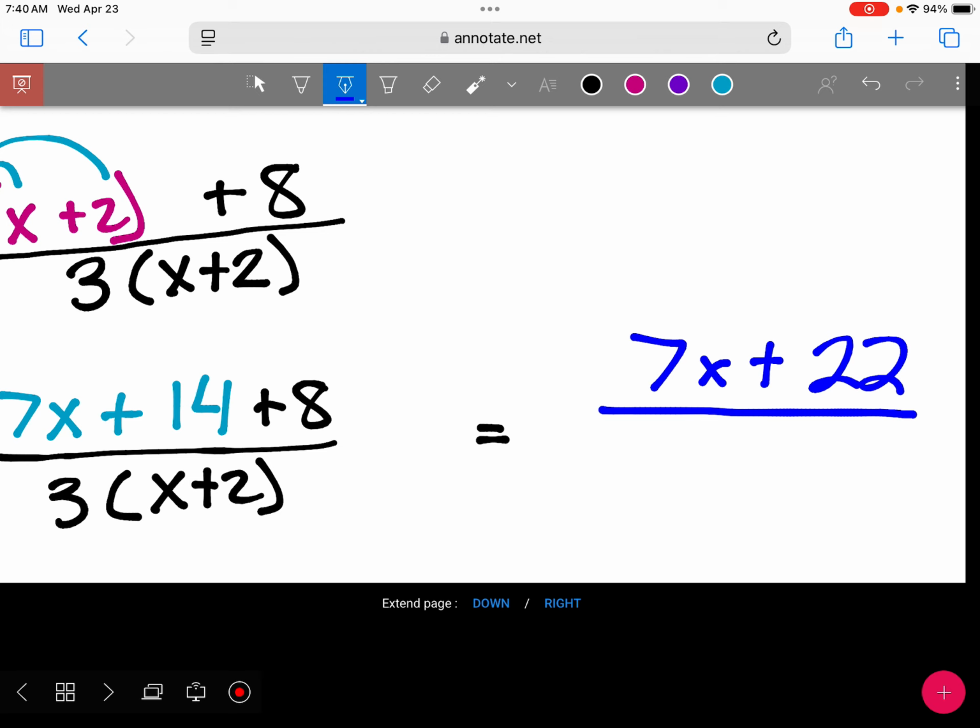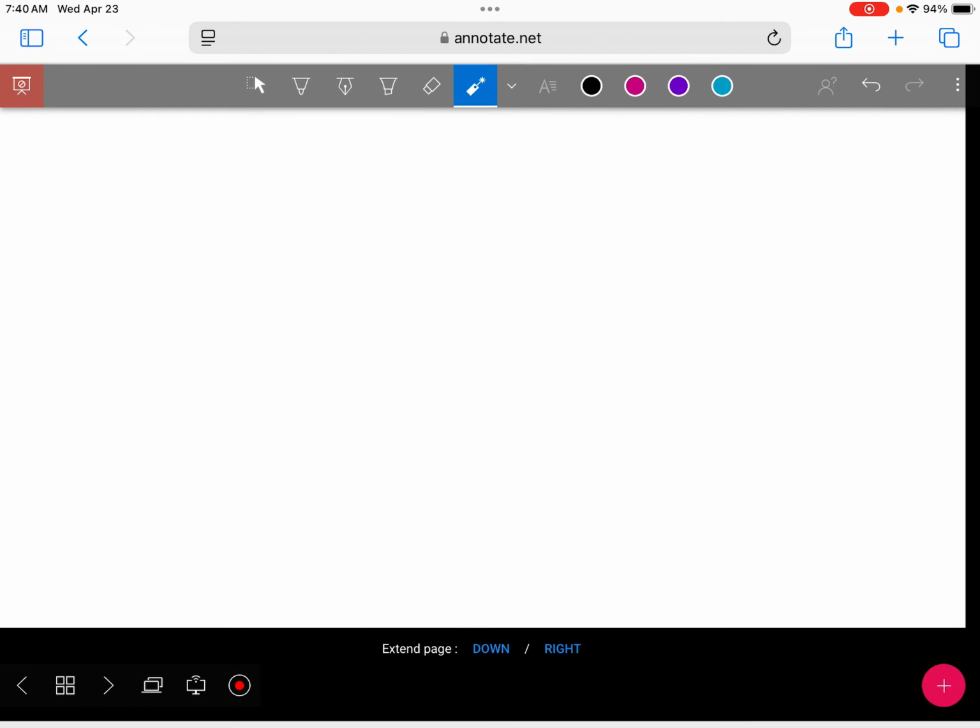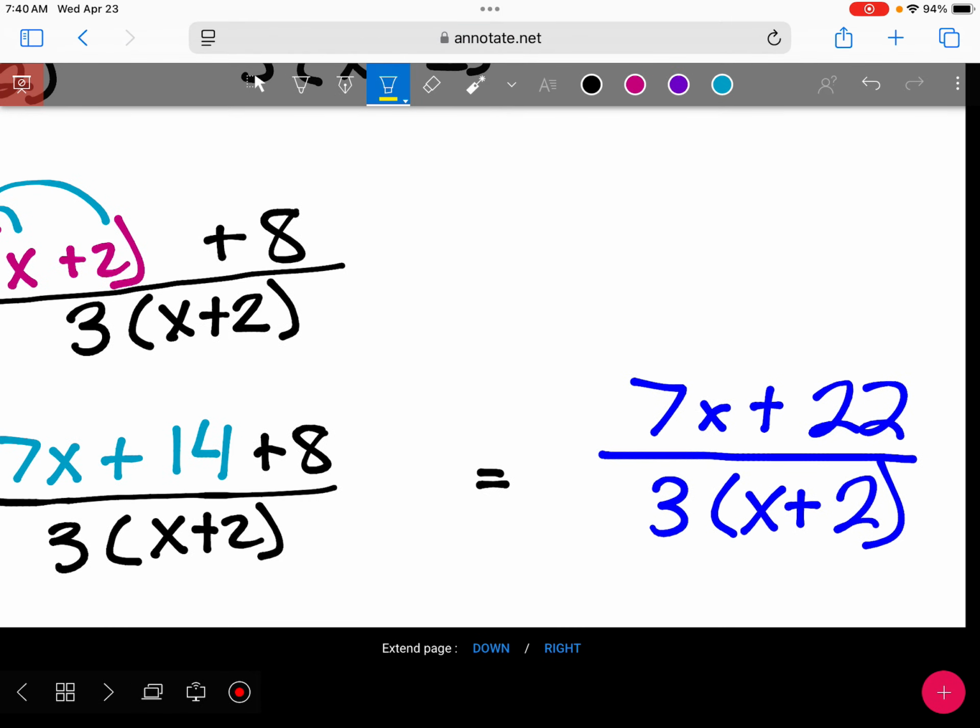We can combine the numbers together, but there's not much else we can do. There's not anything we could factor out of this numerator. I don't have any GCFs. I don't have any quadratics, nothing I need to do to factor it properly. So this is our fully simplified form. There we go.